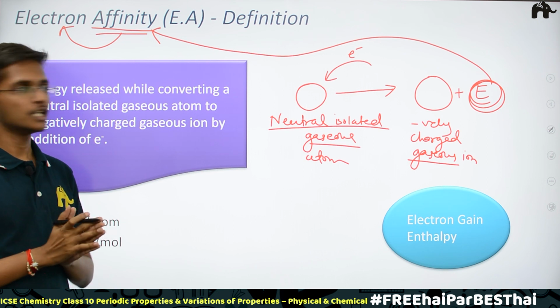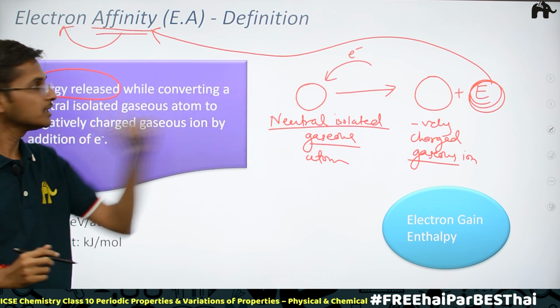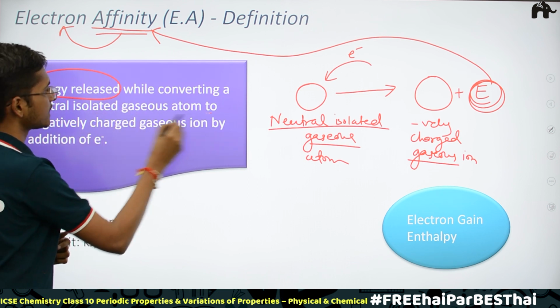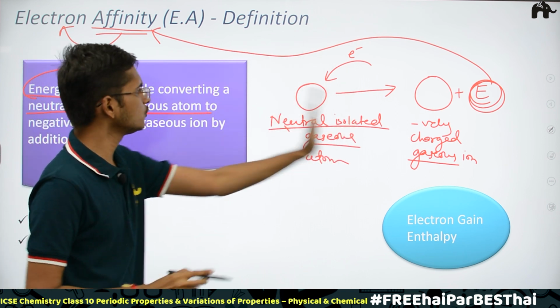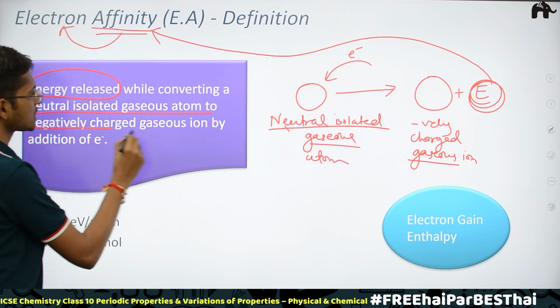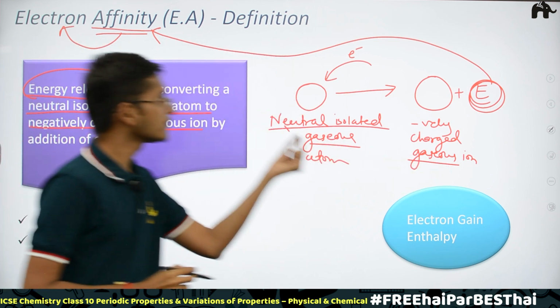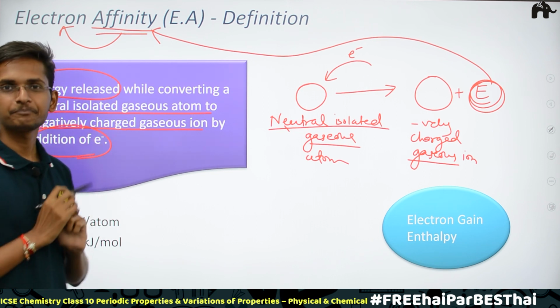Very simple. So electron affinity is the energy released, as we can see in this equation, while converting a neutral isolated gaseous atom into a negatively charged gaseous ion by the addition of an electron.